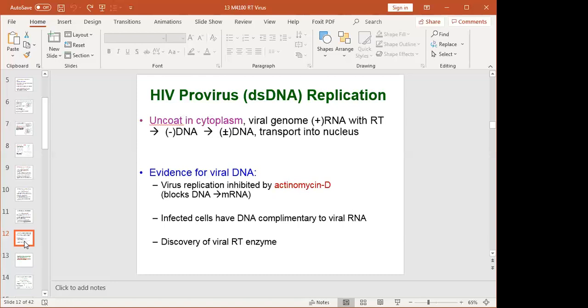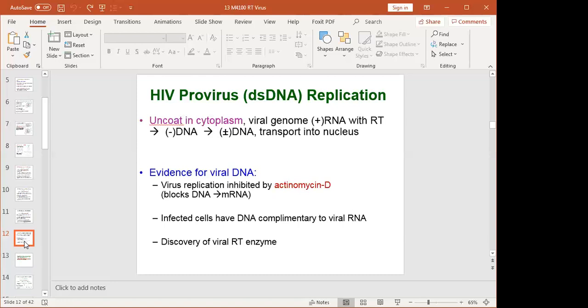So this positive RNA, with the aid of the enzyme reverse transcriptase, will be converted to negative DNA, the opposite sense. If that's positive, this one is negative, and RT uses the RNA template to make a DNA.